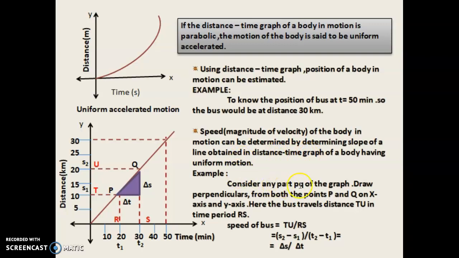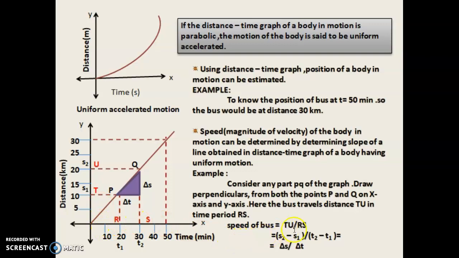Consider any path PQ of the graph. Draw a perpendicular from both points P and Q on the x-axis and y-axis. Here the bus travels distance TU in the time period RS.